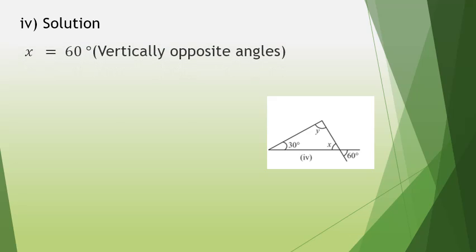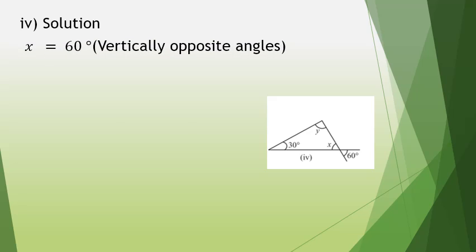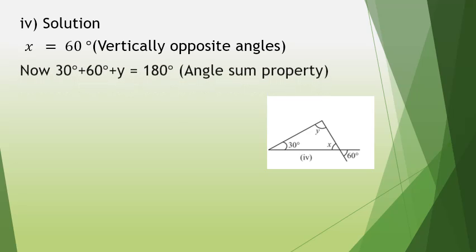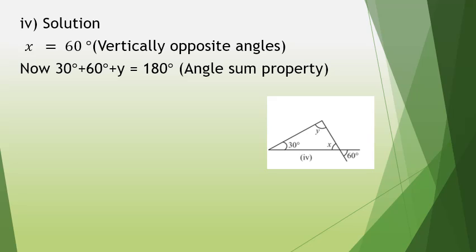Next question, look at the figure. x is the vertically opposite angle of 60 degree. Now we got two angles of the triangle. So by angle sum property of triangle, we can find the third angle of the triangle. So 30 degree plus x plus y equal to 180 degree by angle sum property of triangle.